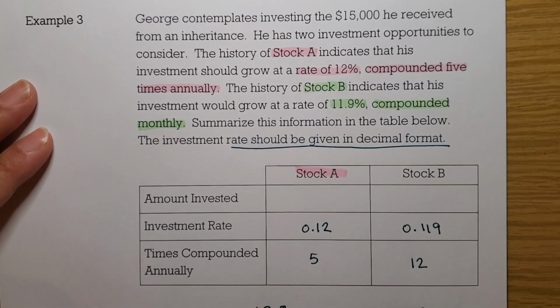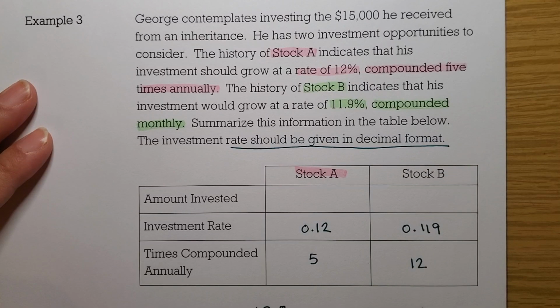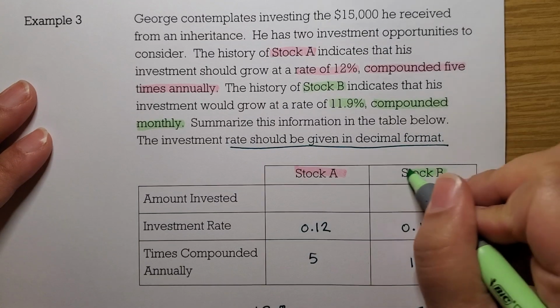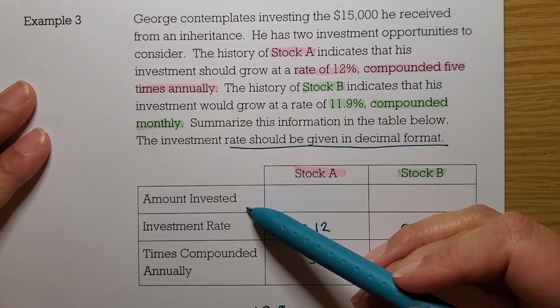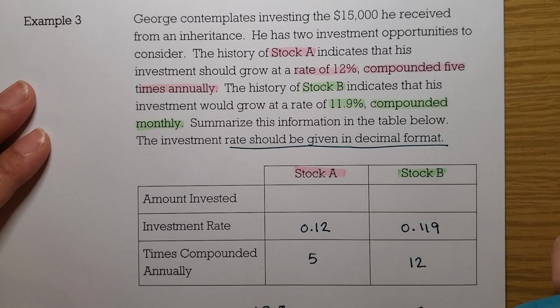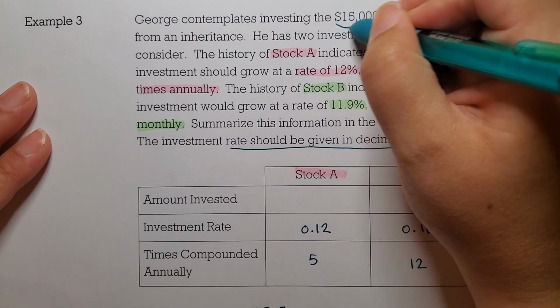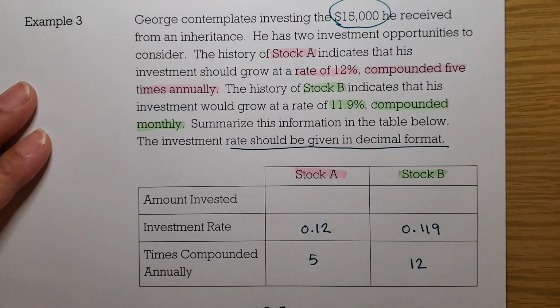Okay, so I guess I should highlight stock B in green here, since that's where that info came from. But the other information that's missing from this table is the amount that was invested in each stock. So George contemplates investing the $15,000 he received from an inheritance, and he has 2 opportunities. Okay, so it doesn't tell us much more than that.